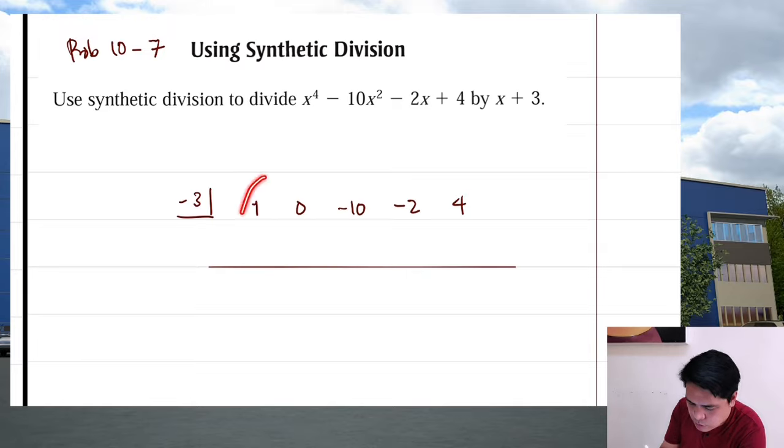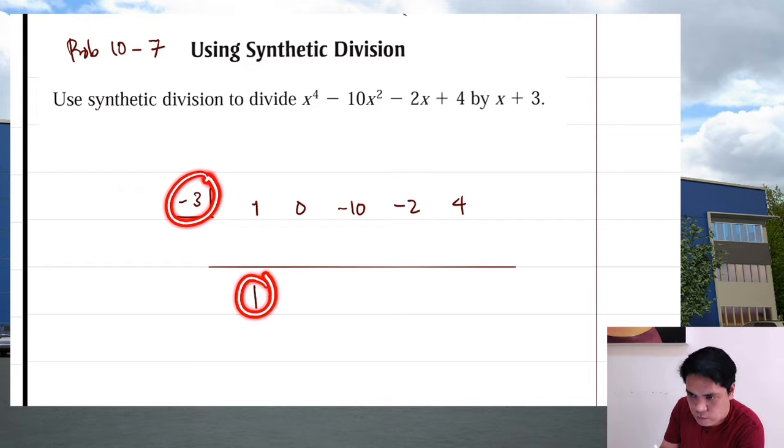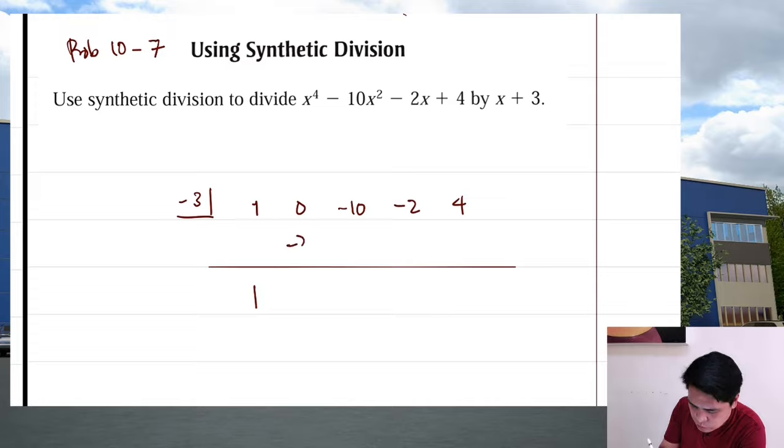First, we bring down the first term. That would be 1. Then we multiply 1 times negative 3. So, that would be negative 3. Then we add, that would be negative 3. Then we multiply again, that would be positive 9.